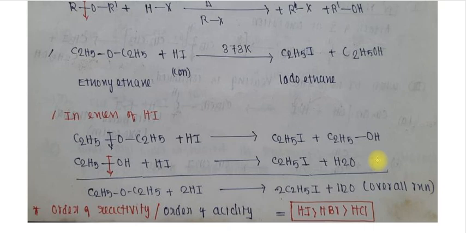If excess HI is used, then again this carbon-oxygen bond will break. Here H gets connected to the C2H5 forming C2H5I, and the other product is H and OH, that means H2O.